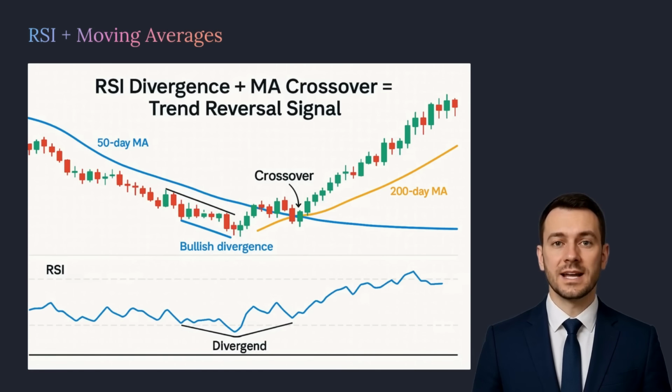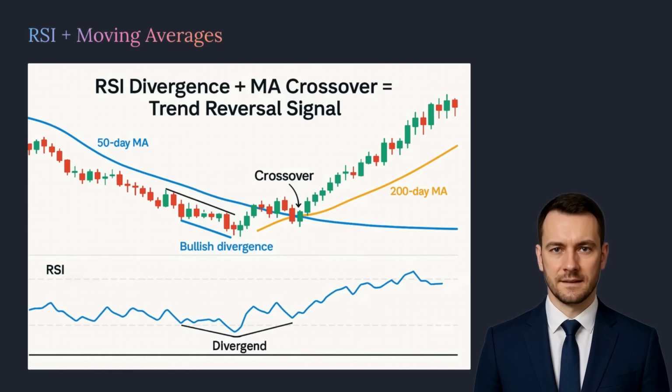RSI plus moving averages. Moving averages, MA, can help identify trend direction and potential entry points. If you spot an RSI bullish divergence, it's even more convincing if around the same time you get, say, a bullish MA crossover or price reclaiming a key moving average from below.